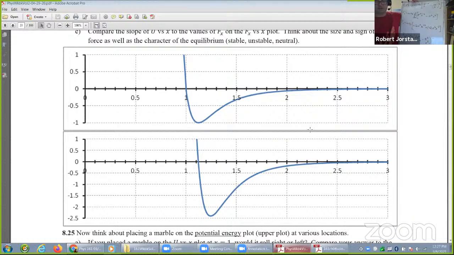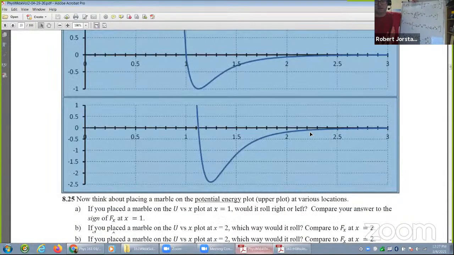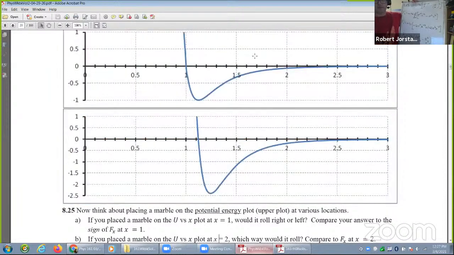Let's keep going. If you placed it at x equals 2, what would happen? Well, now if we place it over here, it would tend to roll that way. Notice that's the same thing as having a negative force. So you would go towards the other way. And if you look at this, the force here should be a lot smaller.